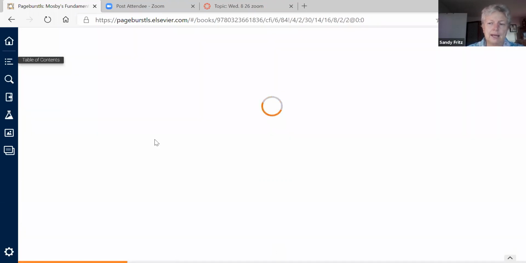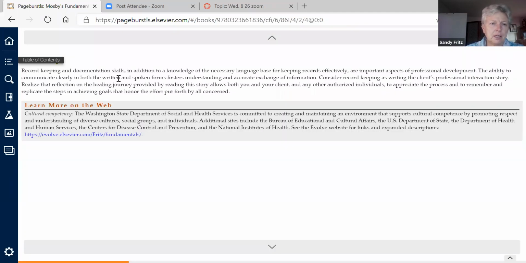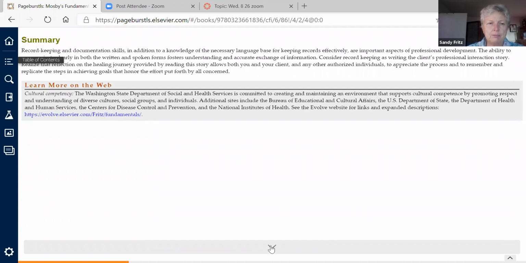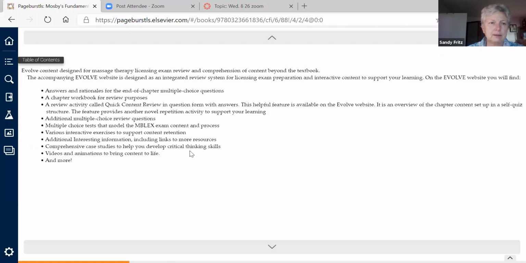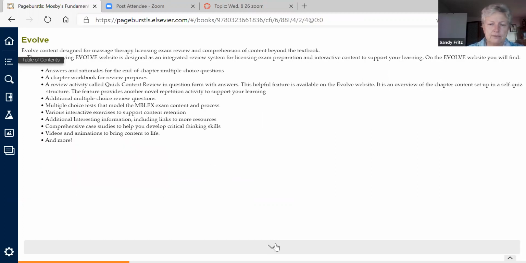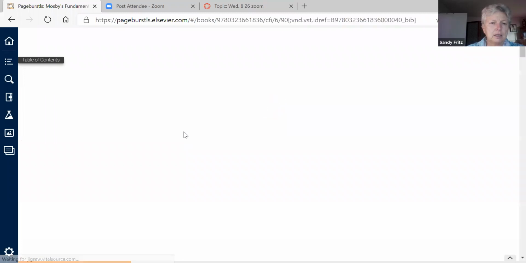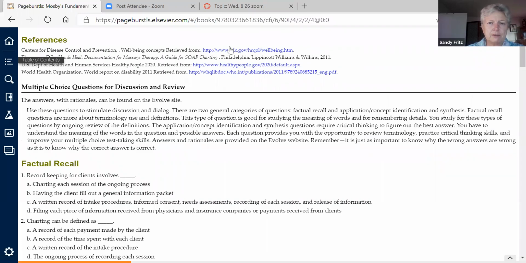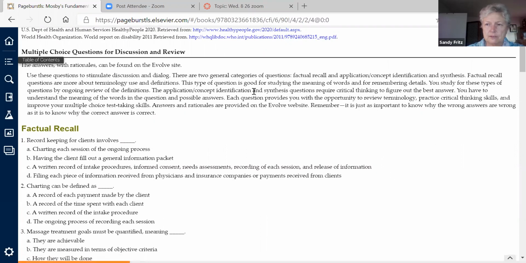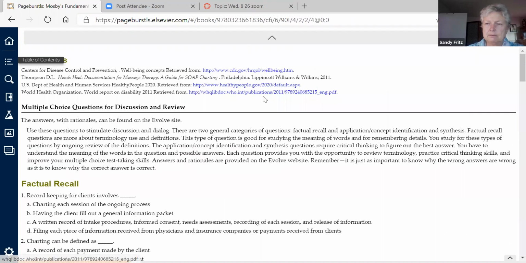As we go into the last part of this, our features at the end of chapter: learn more on the web, along with the Evolve site that expands on learning supports for you. This for HEC is delivered on your Canvas site. And references, do click out to these references and see what's being done there.